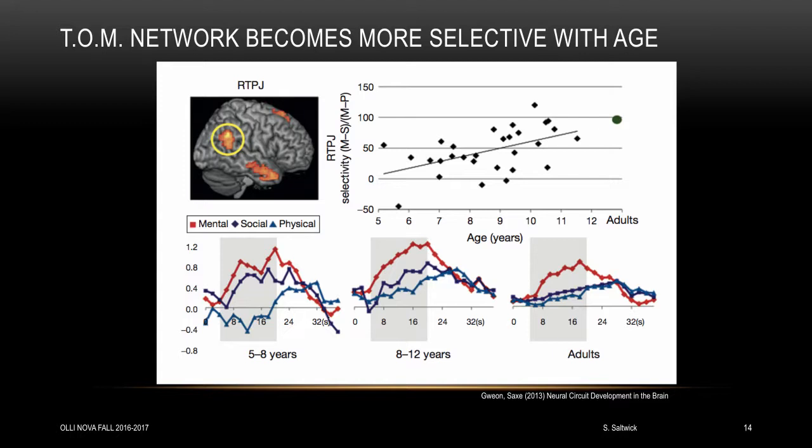One set of stories, called mental, talks about people's thoughts, beliefs, and feelings. A different set of stories, called social, talks about people's appearance and social relationships, but not about their thoughts or beliefs. And then a third set, called physical, just talks about objects, trees, bicycles. It does not talk about anything to do with people at all.